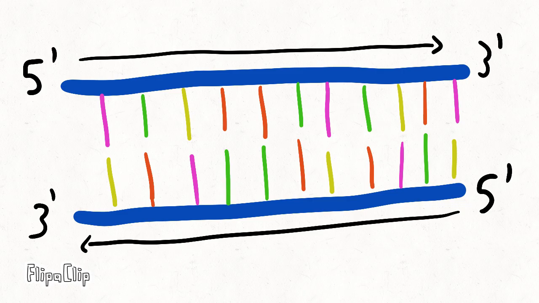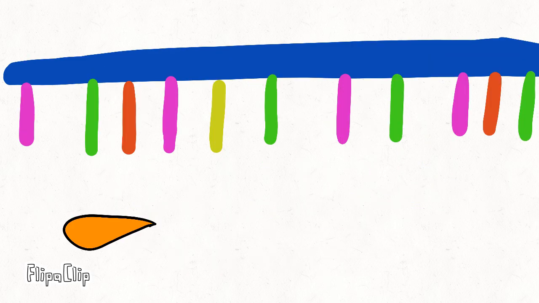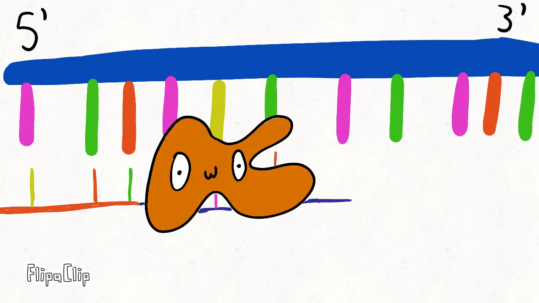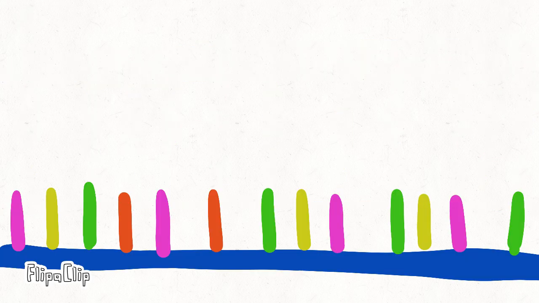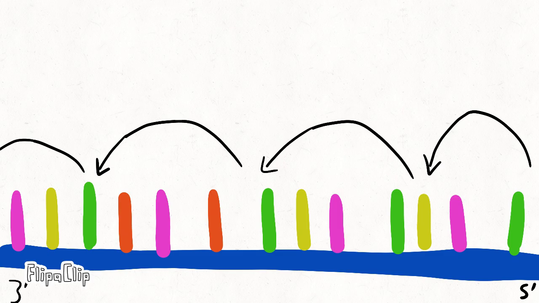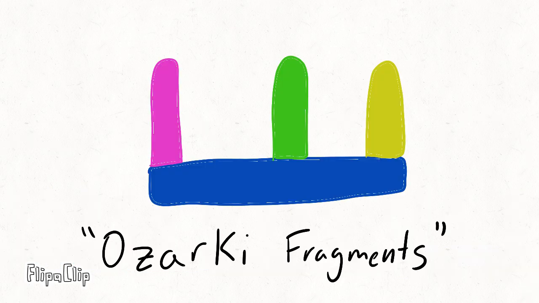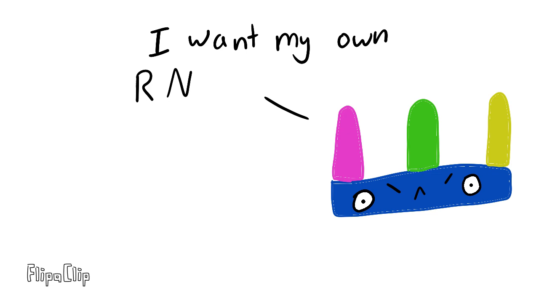Because the 2 DNA strands are anti-parallel, replication occurs differently on each strand. The leading strand is synthesized continuously in the same direction as the movement of the replication fork. In contrast, the lagging strand is synthesized discontinuously in short segments known as Okazaki fragments because it runs in the opposite direction.